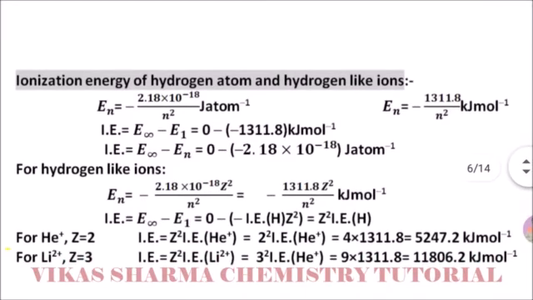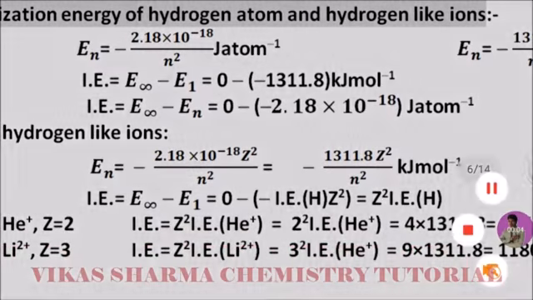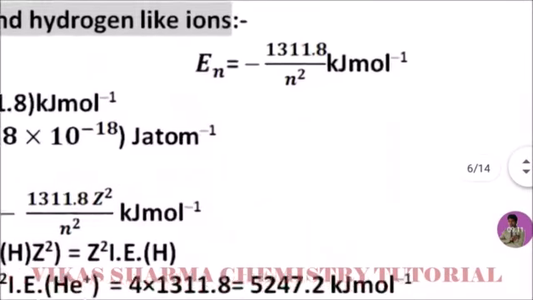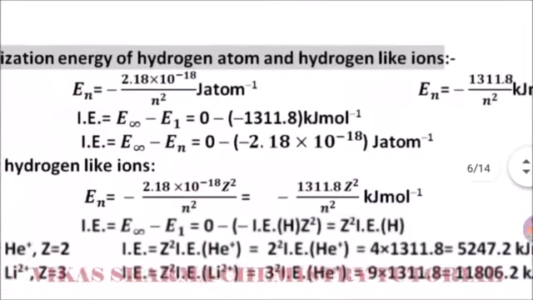If we want to calculate the ionization energy of the hydrogen atom and hydrogen-like ions, the formula is En is equal to minus 2.18 into 10 to the power minus 18 divided by n square joule per atom. En is equal to minus 1311.8 divided by n square kilojoule per mole.